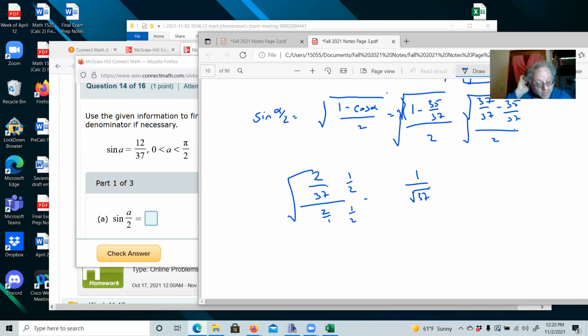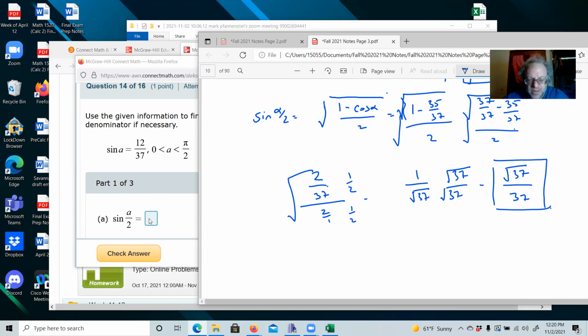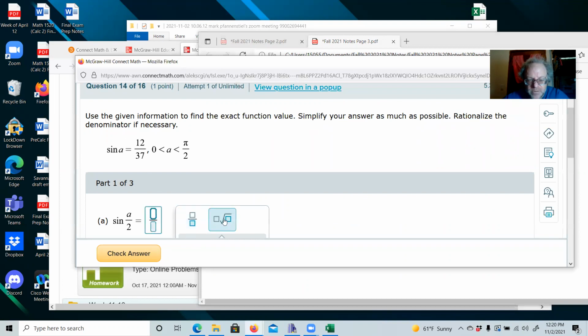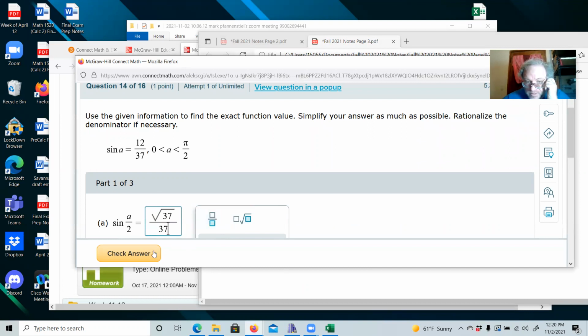We have to rationalize the denominator, so we multiply by root 37 over root 37 and get root 37 over 37. Everything is happening in the first quadrant, so the sign is positive. That should be our sine of this angle.